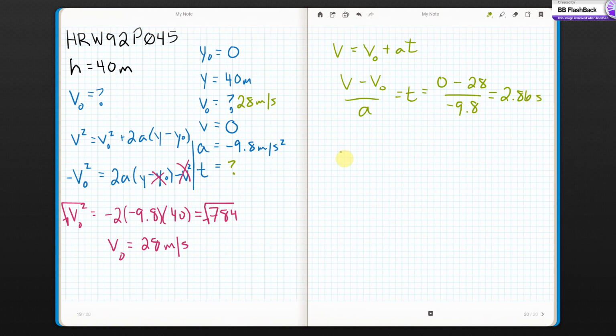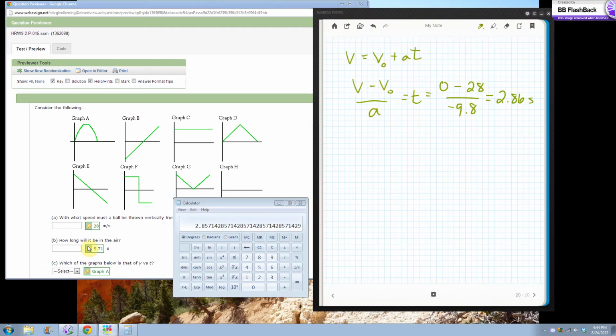Notice this is not going to be the right answer because it's 5.71. That was just the time from when it started on the ground all the way to the top. I also need to include the time it takes to get to the bottom.